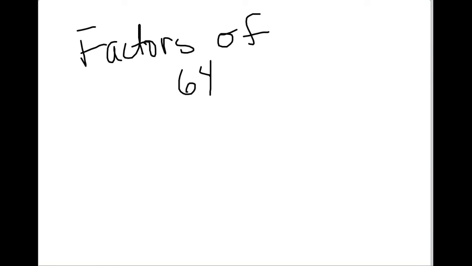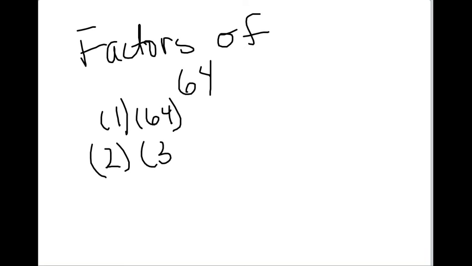So if I want the factors of 64, I can look at them in pairs, and that's a good place to start. And so I could look at 1 and 64, or 2 and 32. 4 does not go into 64. Silly Miss Danza.